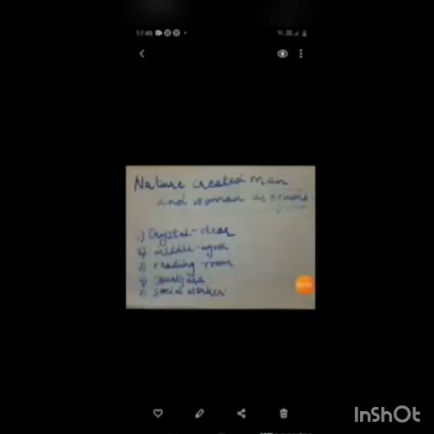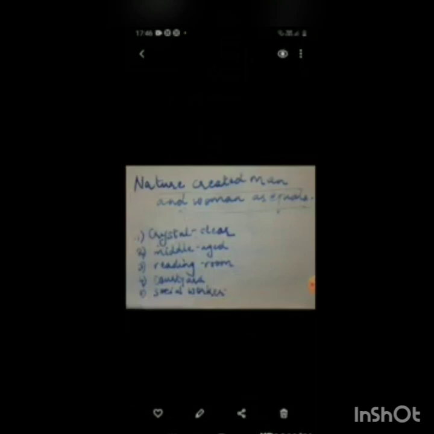In the 8th standard question paper, you will be asked about compound words, but you will not be asked to mention whether it is an open form compound word or a hyphenated compound word, and so on. I have just explained these to you so that you know how they are formed. In the chapter Nature Created Man and Woman as Equals, there is a question which asks you to find compound words from the chapter.